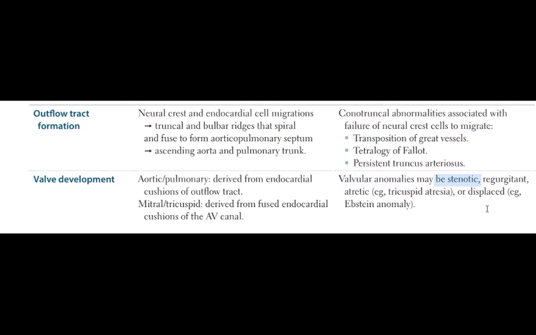It is slightly open, so that after a successful systole, when the blood is pushed into the aorta and the pulmonary trunk from the left and the right ventricles, a little amount of blood flows back to the atria, left and right respectively. Okay, so regurgitation is a backflow, and atresia means not properly formed. That is what we call atretic. And stenotic means it is hard, it is calcified, it is lacking mobility.